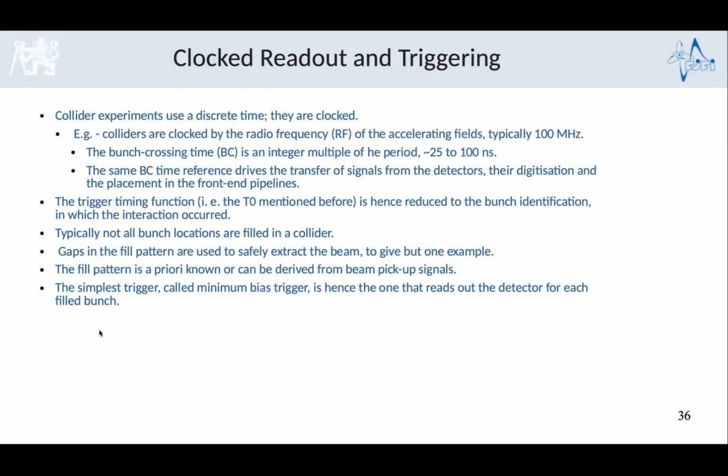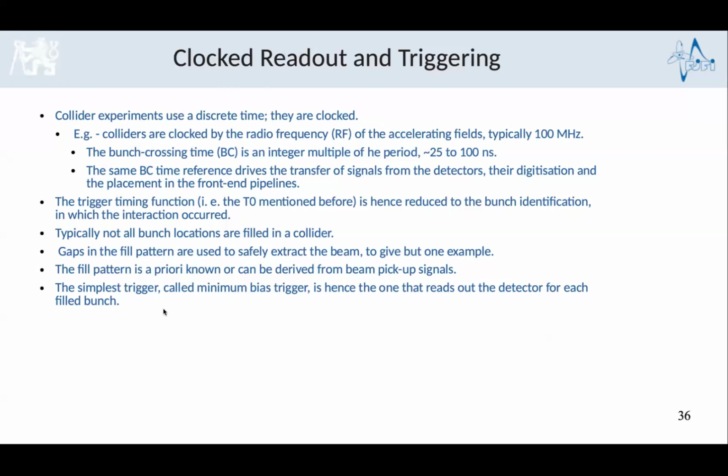And that will give us some estimation of when we expect collisions from the collider. For these cases, the simplest trigger is called the minimum bias, which is not only the lowest level, but the minimum conditions that the experiment requires to consider an event or a collision valid or good enough to be recorded.